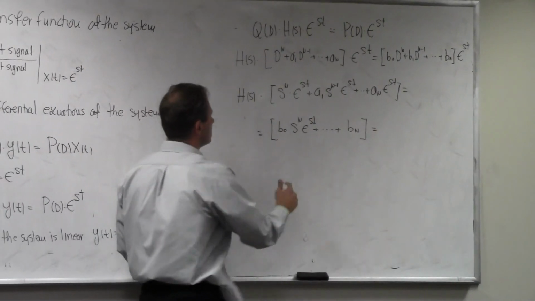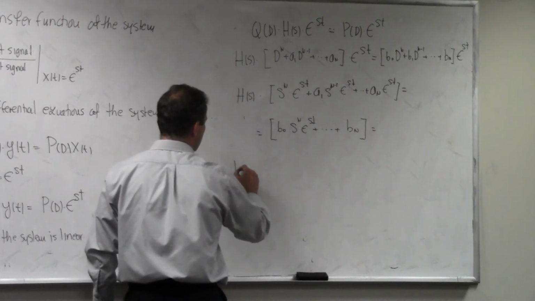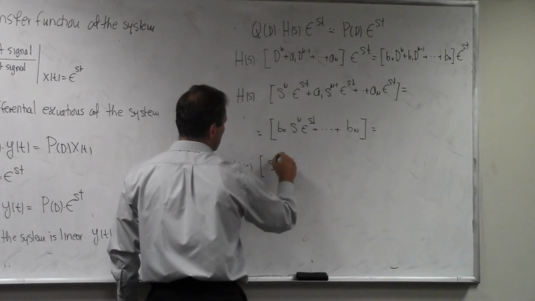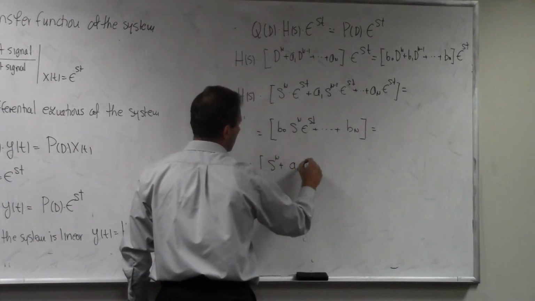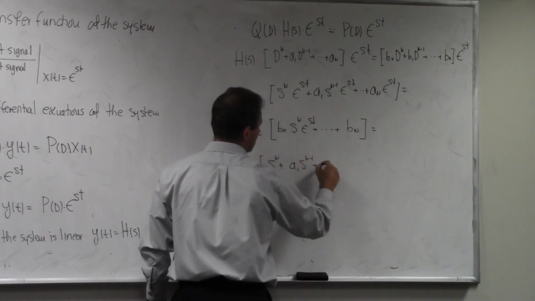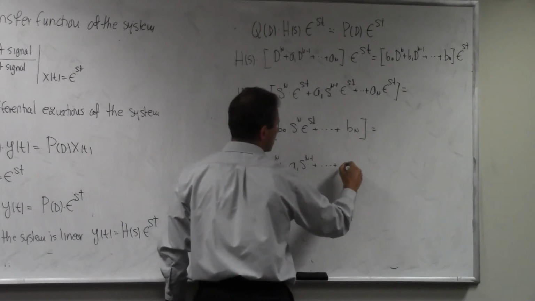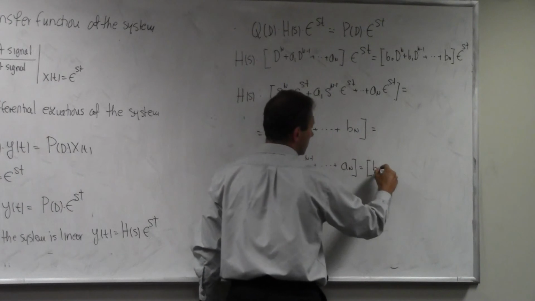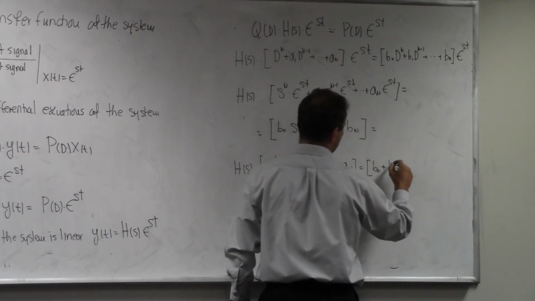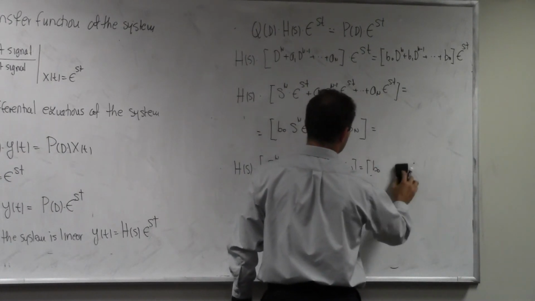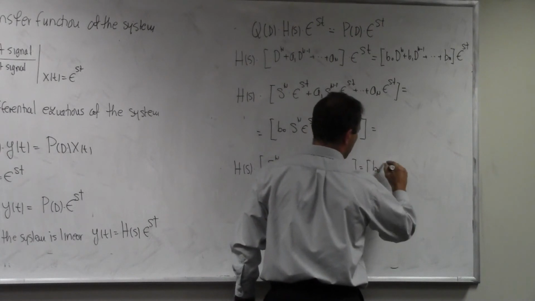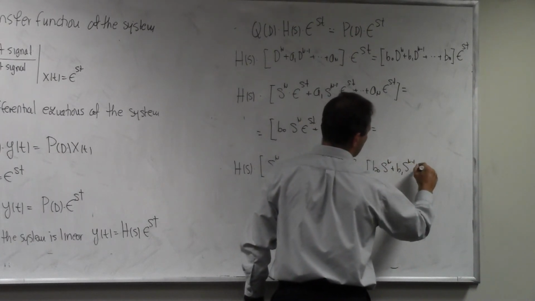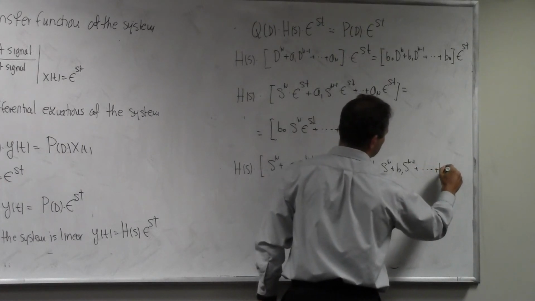And what you realize is that H of s multiplying s to the n plus a1 s to the n minus 1 plus and so on plus an has to be equal to b0 s to the n plus b1 s to the n minus 1 plus and so on plus bn.